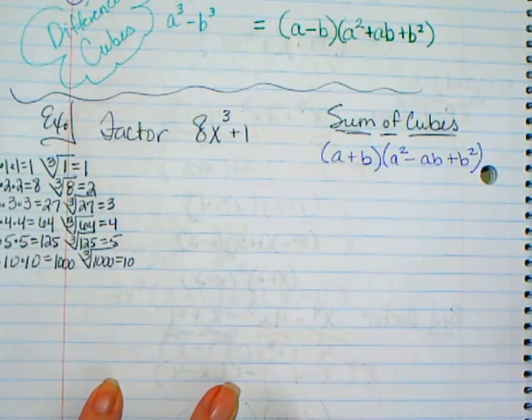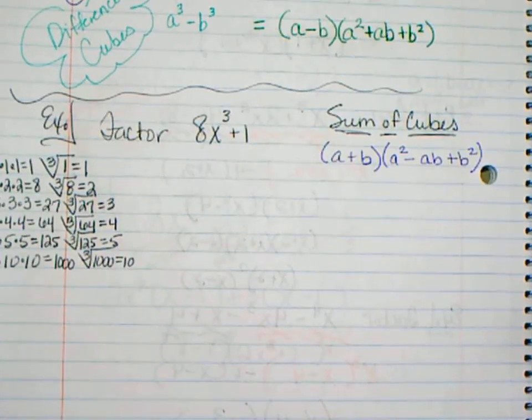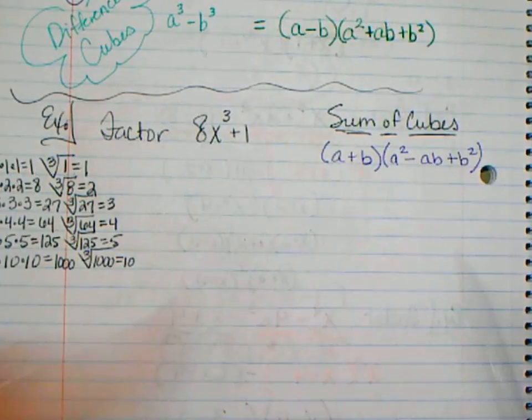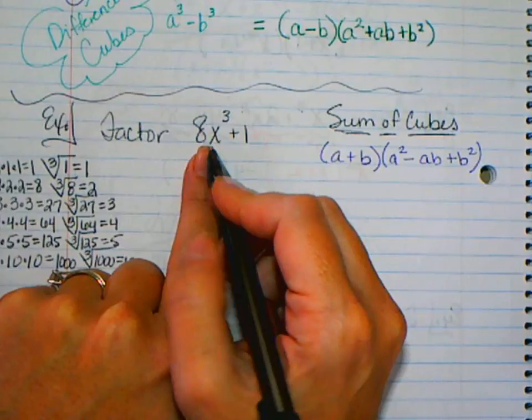Right on? I do not try to just figure all this stuff out in my head and plug it into the pattern and move on with my life. I figure out what all the pieces are over to the side, and then I just plug them in, and then it's factored. Okay? So, A is talking about the cubed root of the first term.